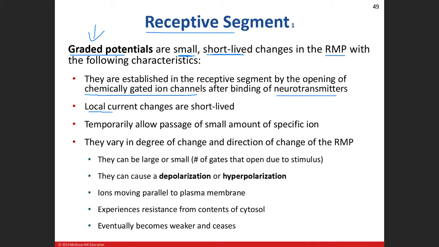So let's talk a little bit about some of these graded potentials. When we're discussing graded potentials, we're going to discuss the two terms, depolarization and hyperpolarization. A graded potential can be very small or it can be large, but large for a graded potential is not going to be as massive as an action potential.